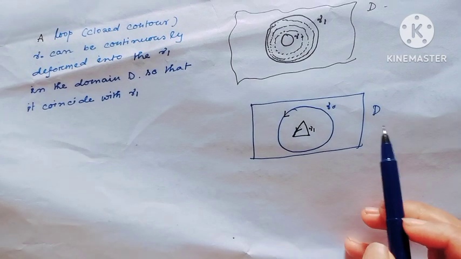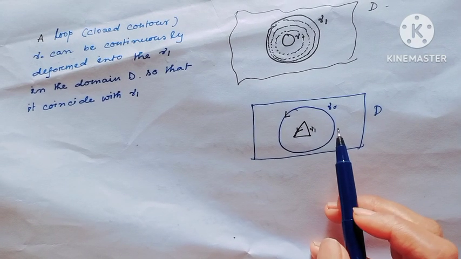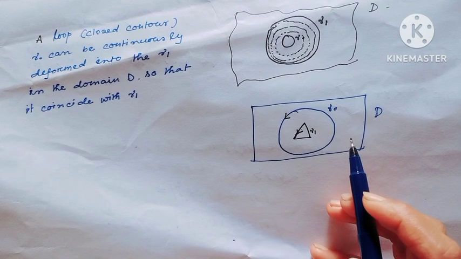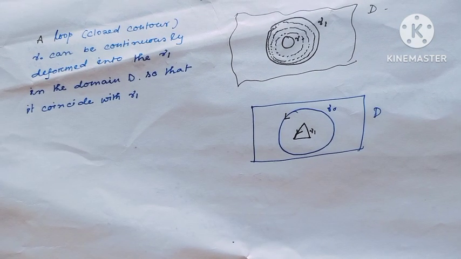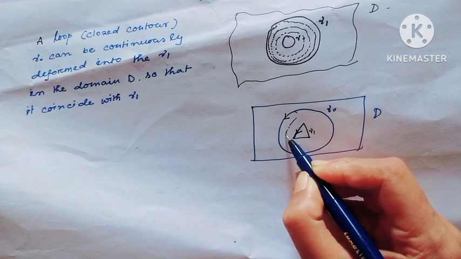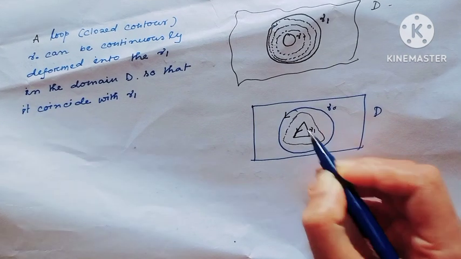Similarly, in domain D, if we consider gamma 0 is the circle and gamma 1 be the triangle, then we can deform gamma 0 to gamma 1 just like this.